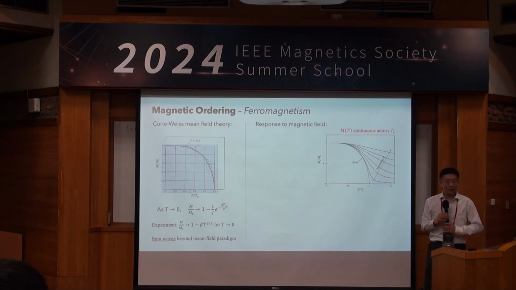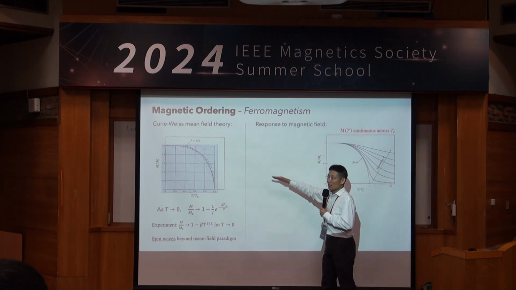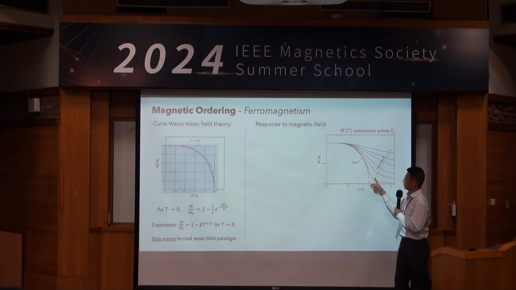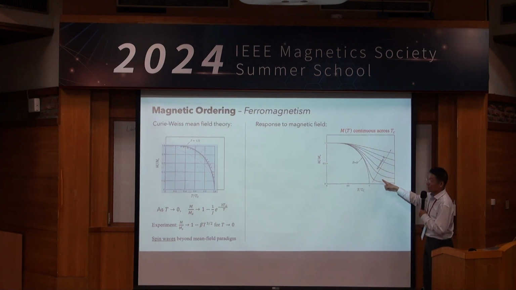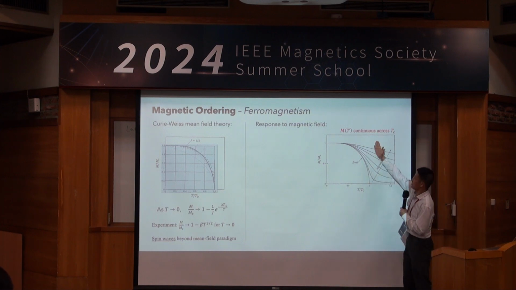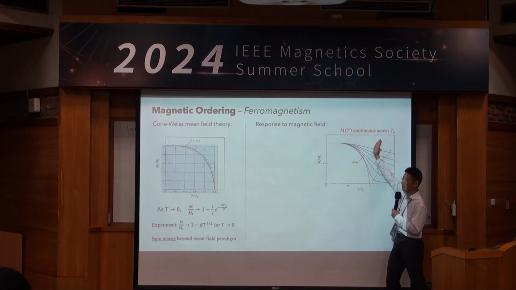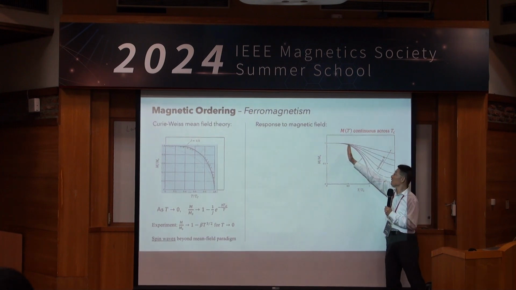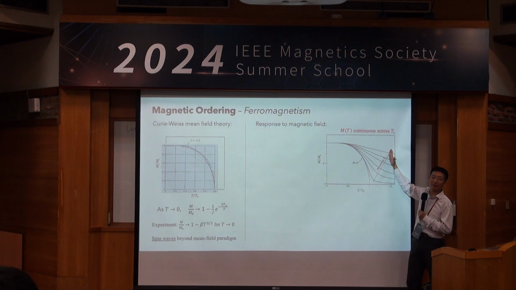So within the mean field treatment, we could also extract information for a finite field. For example, in the paramagnetic phase. So this is the Curie temperature separating the ferromagnetic phase from the paramagnetic high temperature phase.